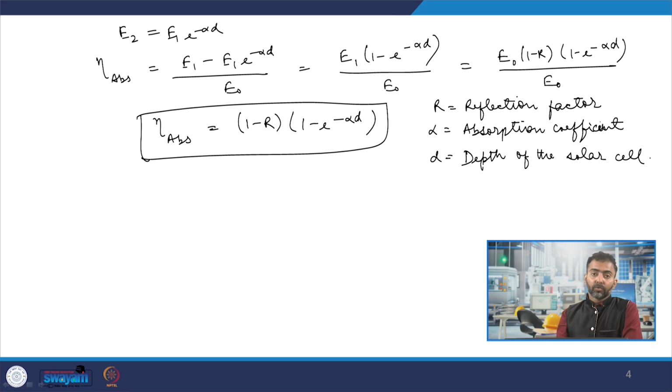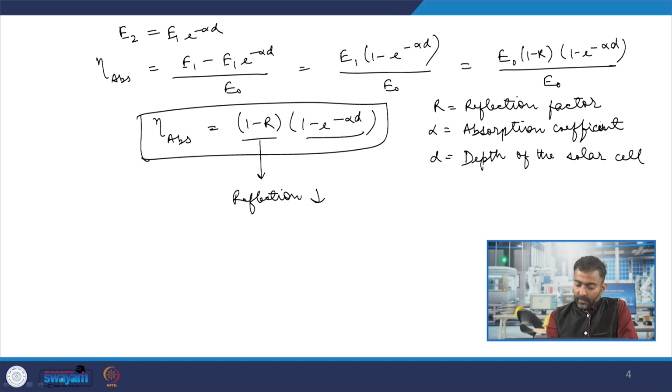For that we need to do two things. One is that we need to reduce the reflection at the surface. So, I need to cut down the reflection. If I make the reflection very close to 0, then this factor approaches 1. On the other hand, to make this factor approach 1, I need to adjust the cell thickness.